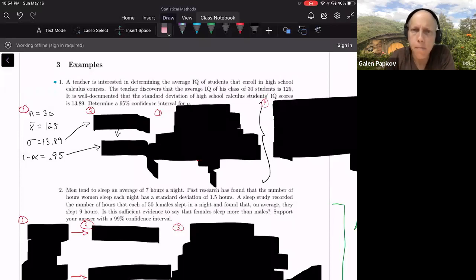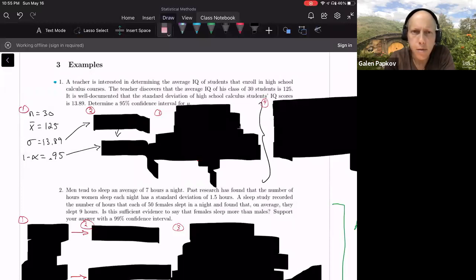So for this problem, feel free to read it again, but there are n equals 30 students. The average IQ of those 30 students was 125. It is well documented, so that's about the population. The population has a standard deviation of IQ of 13.89.